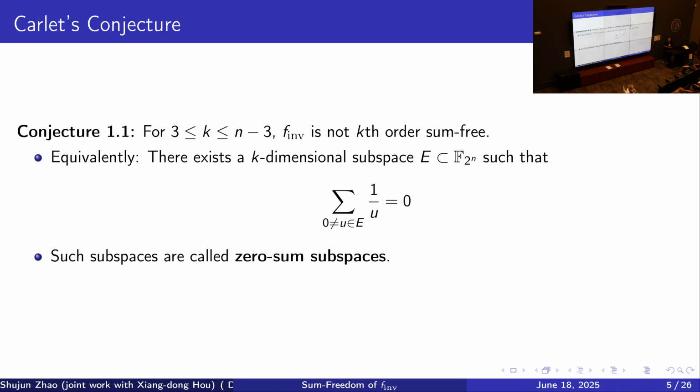And then Carlet gave this conjecture that for n greater or equal to 6 and k from 3 to n minus 3, the multiplicative inverse function F inverse is always kth order sum-free. Equivalently, for every k from 3 to n minus 3, we could always find a subspace E such that the function values sum to 0 over this space E.